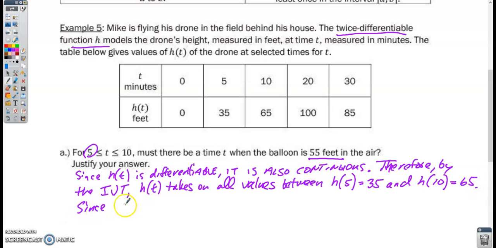Since h of 5, which is 35, is less than 55, which is less than 65.